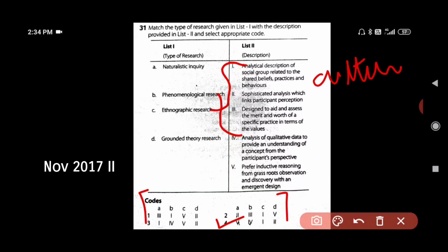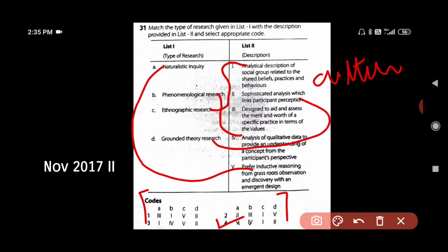But let us match the remaining types with their descriptions. Okay, so grounded theory is sophisticated analysis which links participant perceptions. As I've already told you, in grounded theory research, learning the participants' perception and views and understanding of their experience is crucial. Okay, and naturalistic inquiry prefers inductive reasoning from grassroots observation and discovery with an emergent design.